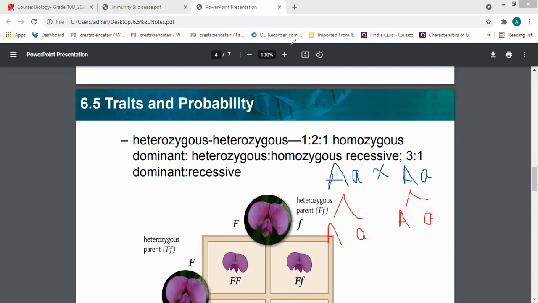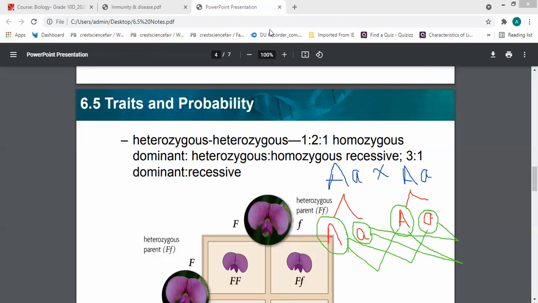So what about the offspring? Maybe the first factor is inherited with the first factor of the other parent, or the first factor with the second factor of the other parent, or the second factor with the first of the second parent, or the second of the first parent with the second of the second parent.